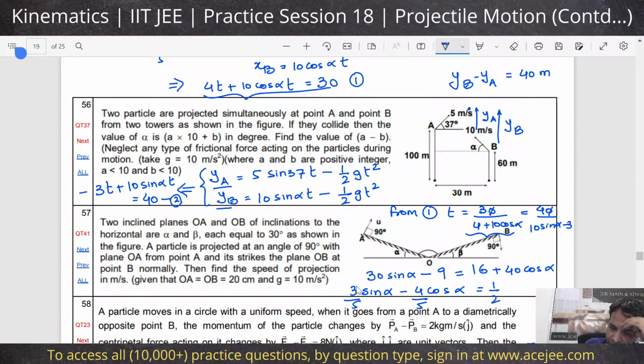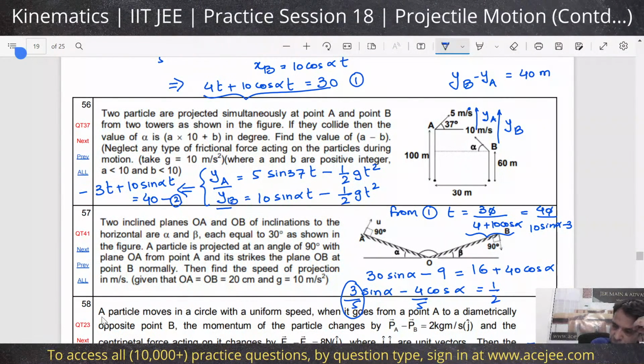So I'm going to call this my cos alpha term. Or you can call it sine as well. It works equally well. So in which case this will be sine 37, or let me call it cos. I'll tell you why I'm doing so. Just a moment. So let's say this is cos.